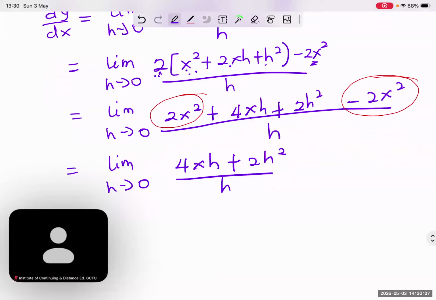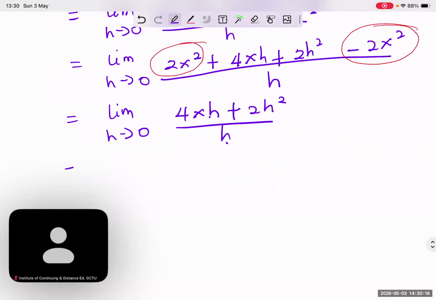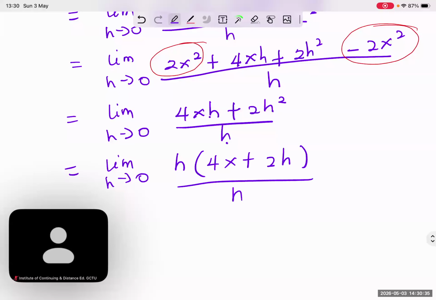Is there anything else we can simplify? Yes. I have h in the first term, h in the second term, h in the denominator, so we can factorize h out. So we have the limit as h approaches 0, h out of the first term, that will be 4x, plus h out of the second term, and that will be 2h, all divided by h. Now we can cancel this h and that h, that will give us 1 and 1.